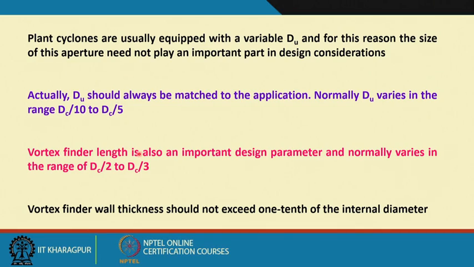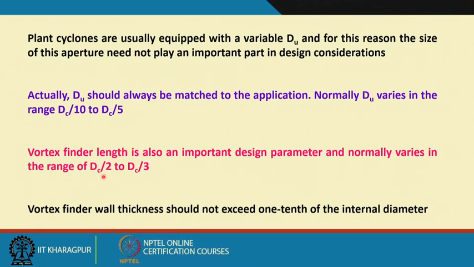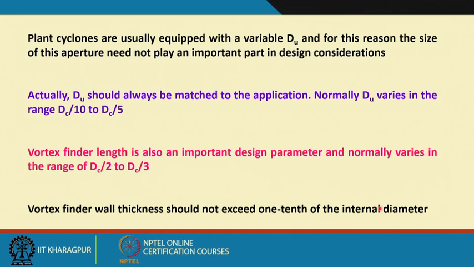Vortex finder length, that is also an important variable, that is, what should be the length of this vortex finder. And normally it varies in the range of Dc by 2, that is half of the cyclone diameter, to 1/3 of cyclone diameter. Vortex finder wall thickness, that is, how thick should be the vortex finder wall, that should not exceed 1/10 of the internal diameter, because otherwise you will have lesser volume available for your slurry at the entry zone.